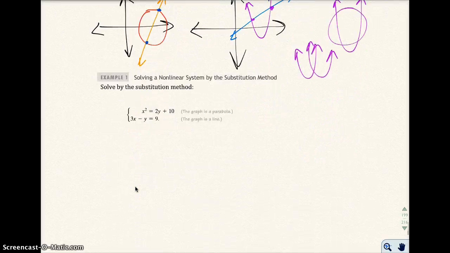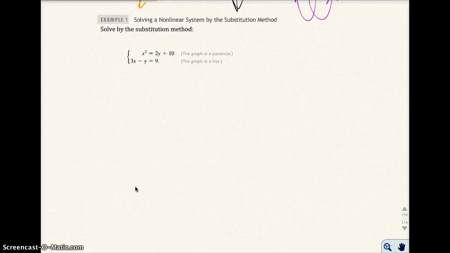So let's go to example 1. How do I solve a nonlinear system by the substitution method? It's very similar to solving linear systems. We want to make sure we have one variable by itself or isolated. Looking at the system, the one that's easily isolatable would probably be this y. I have 3x minus y equals 9.